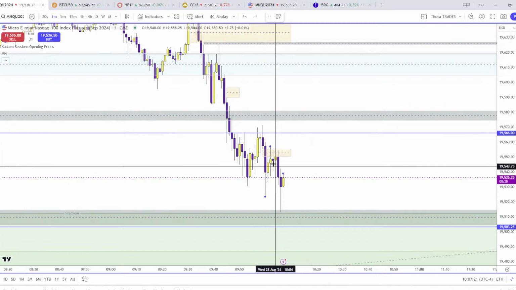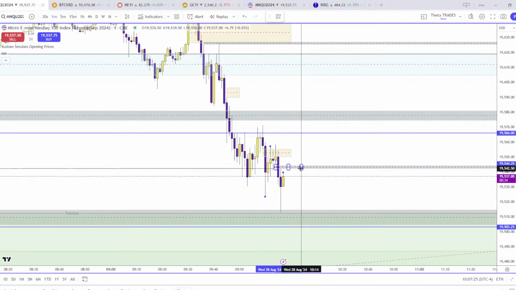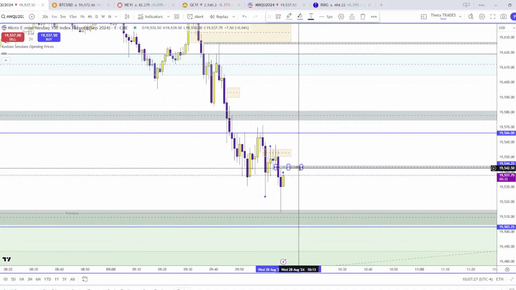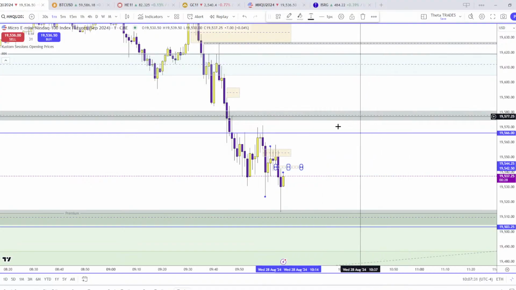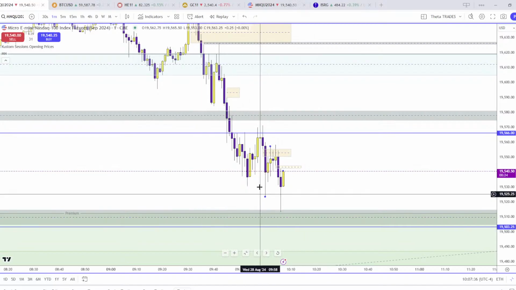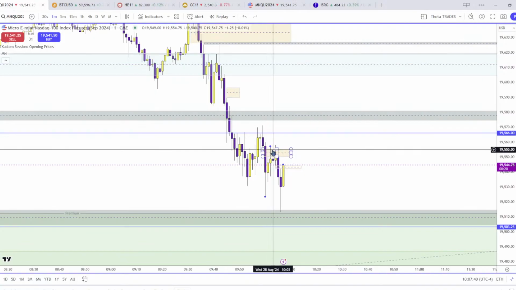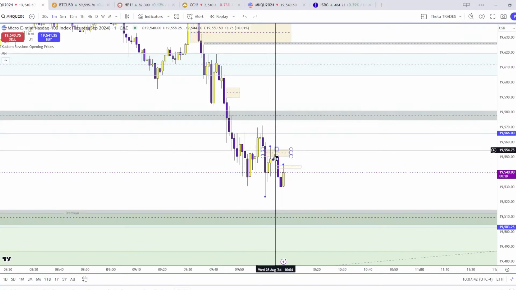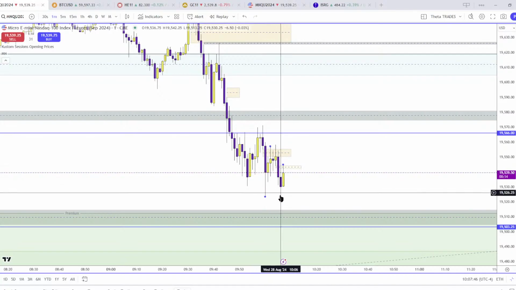Another little area of interest right here. You notice how we don't trade back through them with a body. We wick into them.